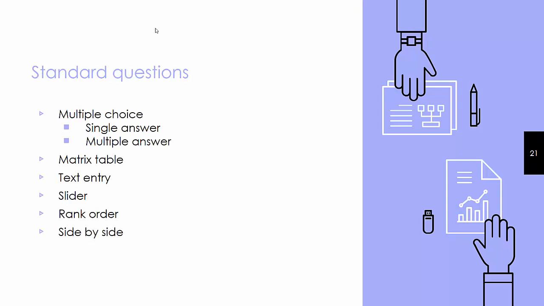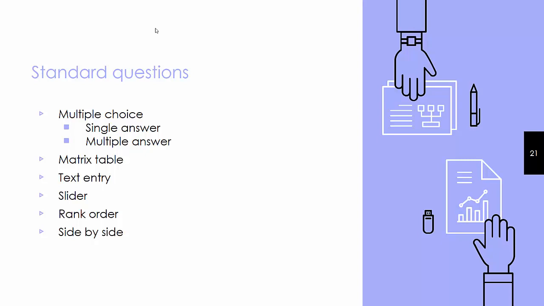The standard questions, which you will fill out really soon. There's multiple choice, which are the most common ones. It's single answer or multiple answer. So select the one that fits you most, or select as many as possible, whatever is relevant to you. There's also a matrix table, which is not just one question with several options, but you have rows and columns in the same question.